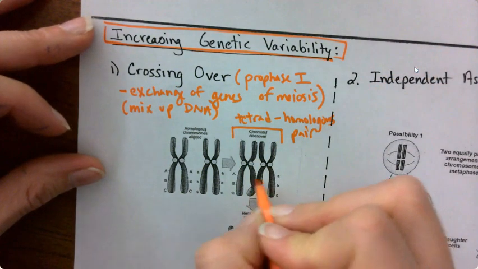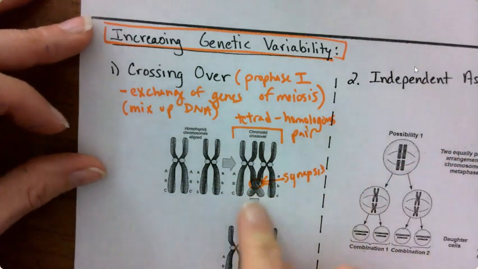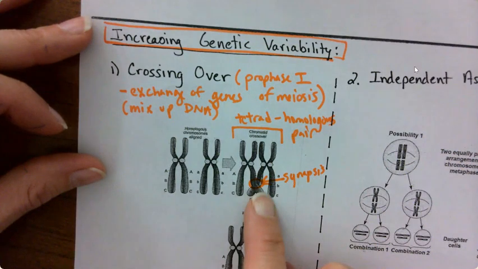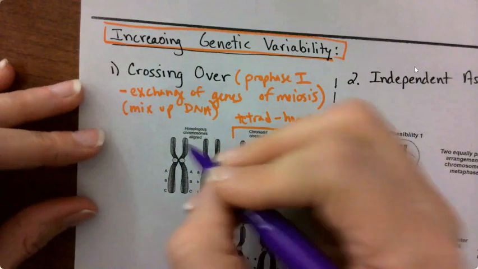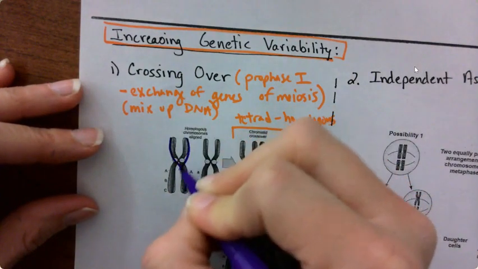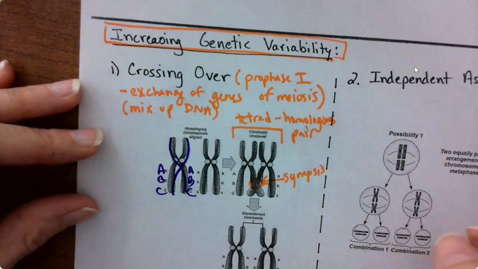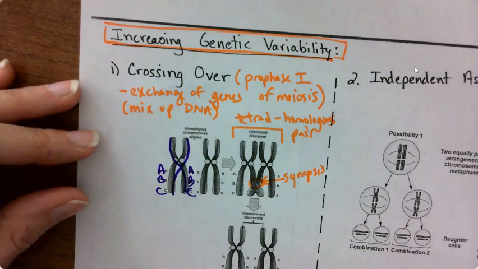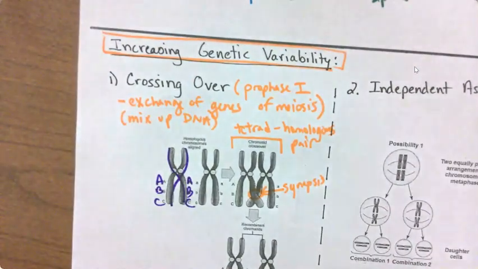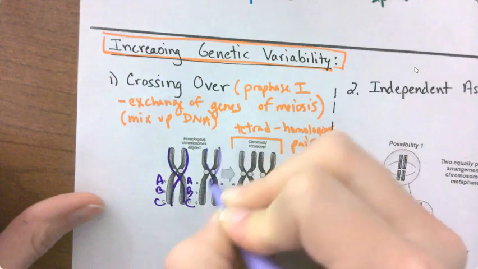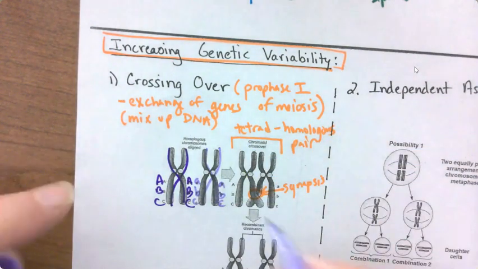And they undergo synapsis here, which is when the 2 chromatids cross over to each other and genes can be exchanged. And you can actually see this, right? Like if this chromosome originally had genes big A, big B, and big C on its 2 chromatids, and this chromatid over here, let me lighten this up a little bit, originally had genes little a, little b, little c, those genes can be exchanged.